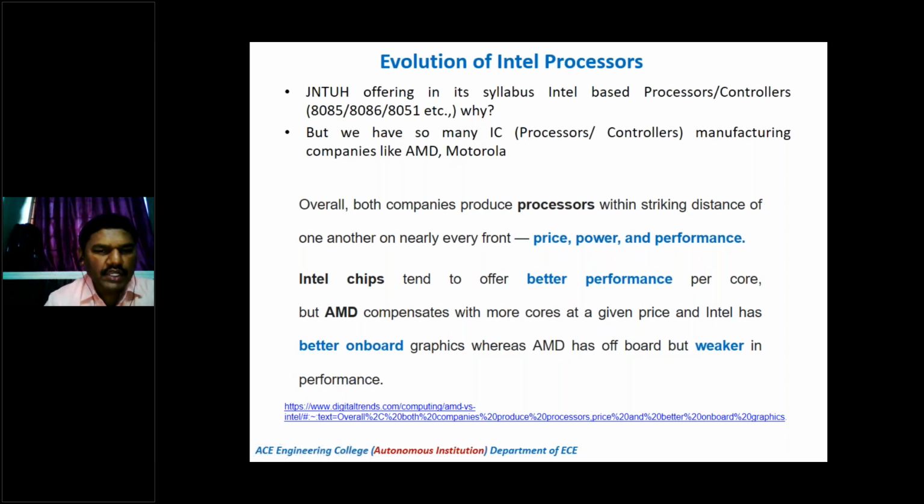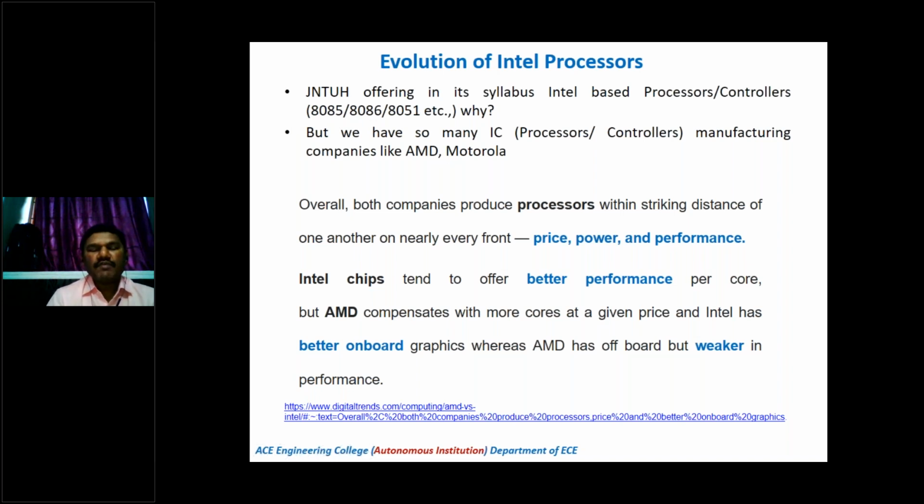Right. So here performance, power consumption, and clock frequency all need to be considered. That's why if you compare Intel ICs with AMD and Motorola, they have better performance and onboard graphics and so on. That's why in our syllabus, we are offered ICs 8085, 8086 and the 8051 microcontroller.